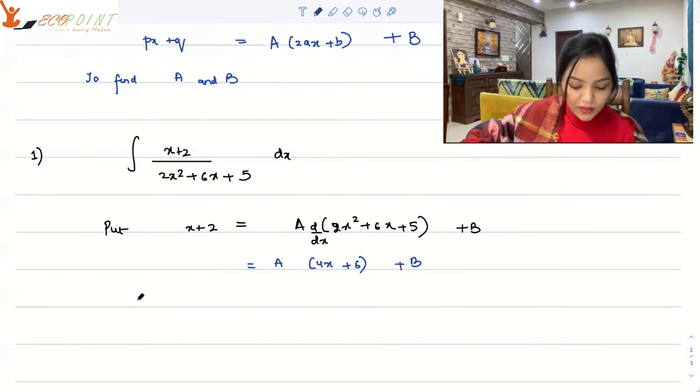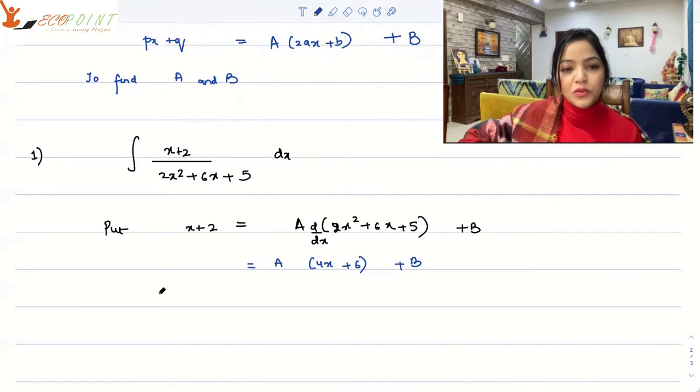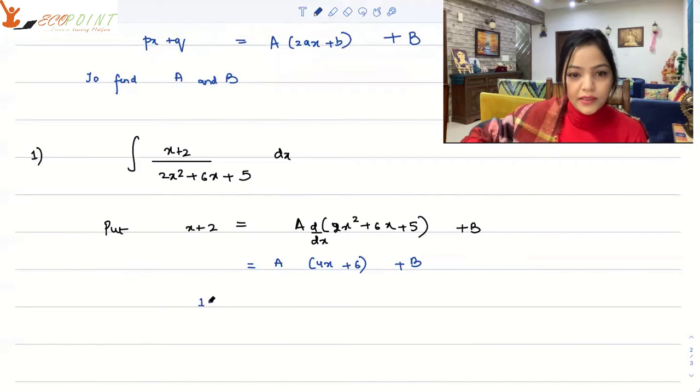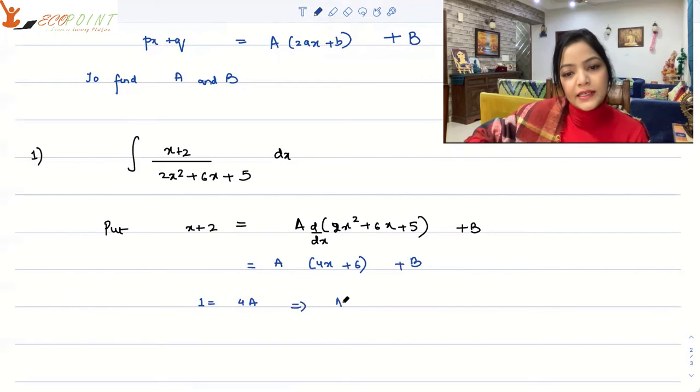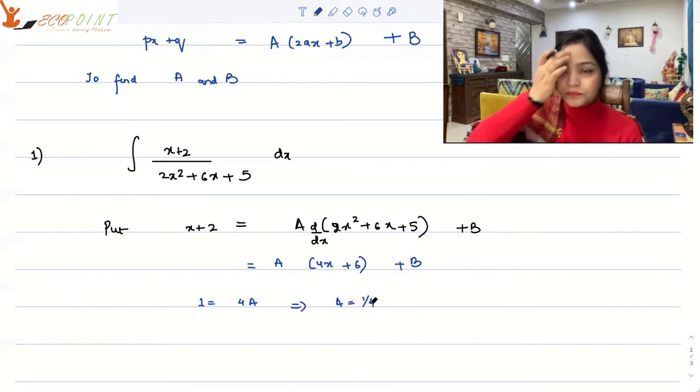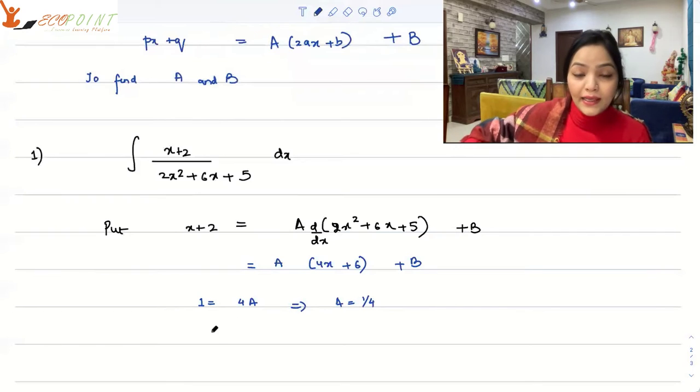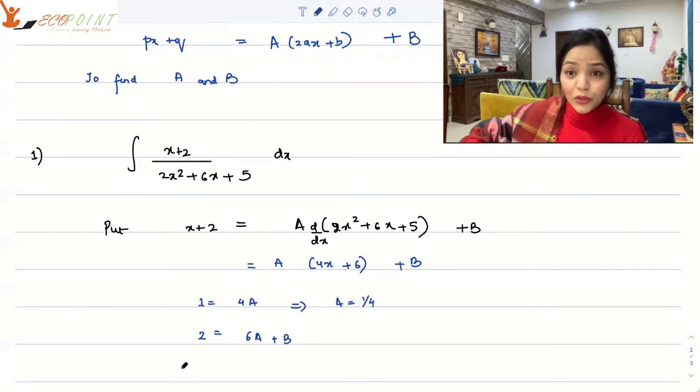That means, what are we saying? We're saying that the coefficient of x on the left hand side is 1. So 1 is equal to 4a, which implies a is equal to 1 by 4, right? And the constant term is 2 on the left hand side, which means 6a plus b is equal to 2.